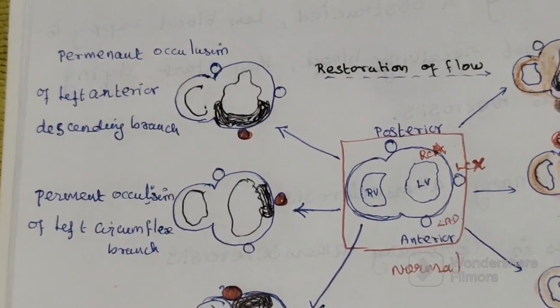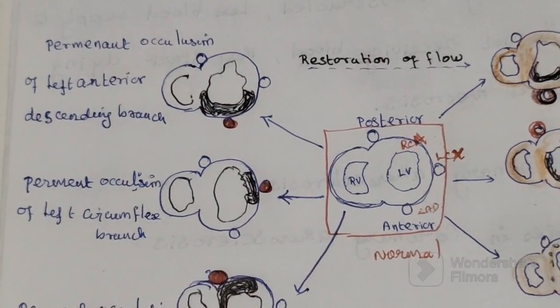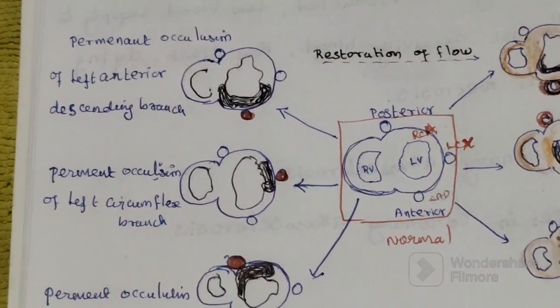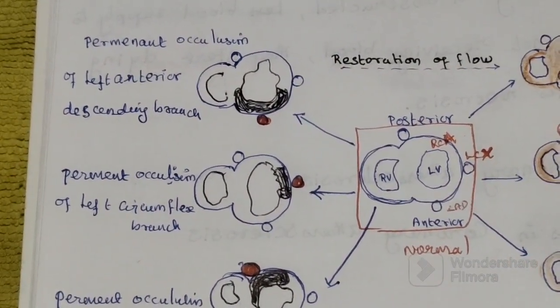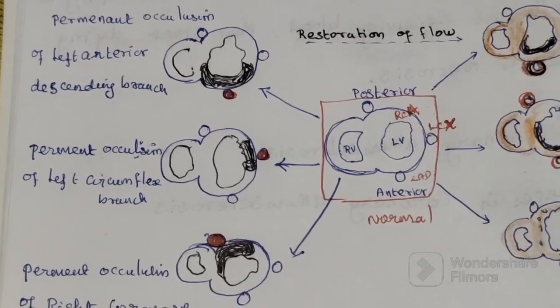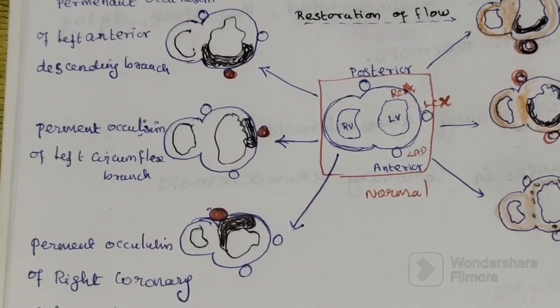When LAD is obstructed, the anterior wall shows transmural impact. If LCX is obstructed, the lateral wall shows it, and if RCA is obstructed, the posterior wall shows it.